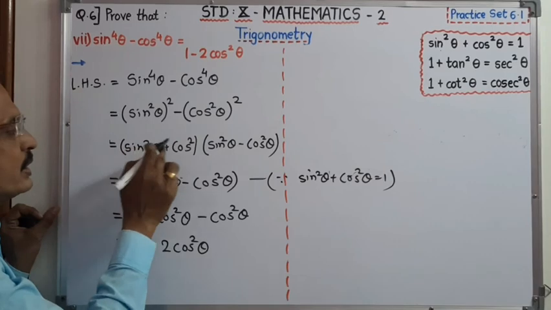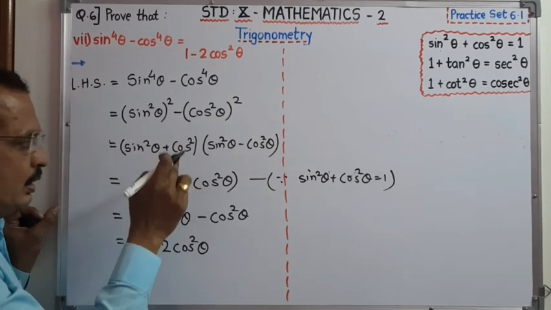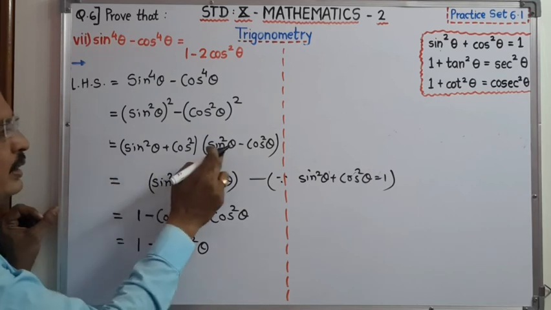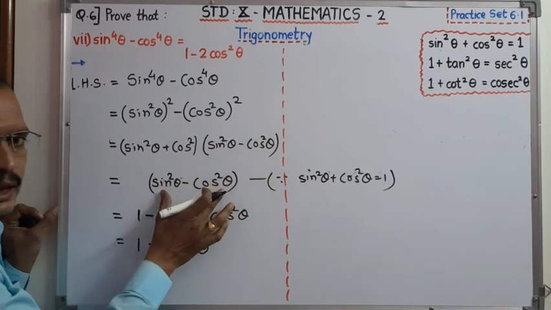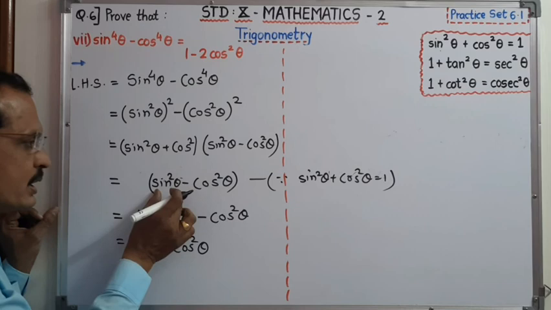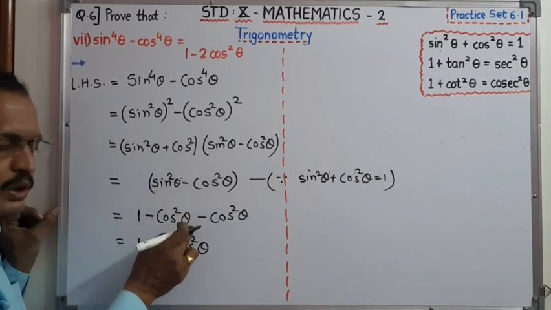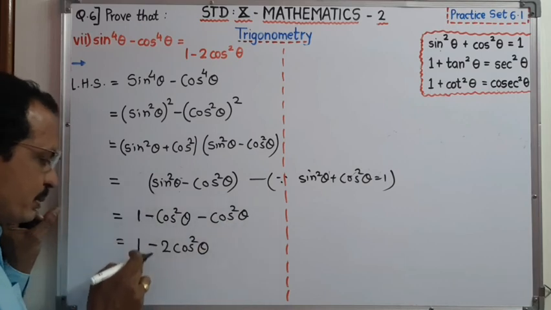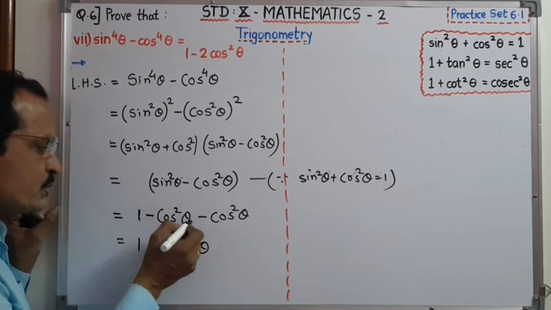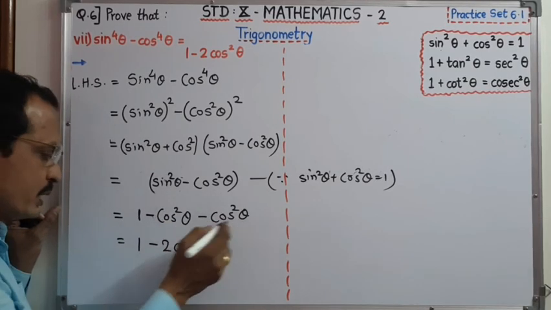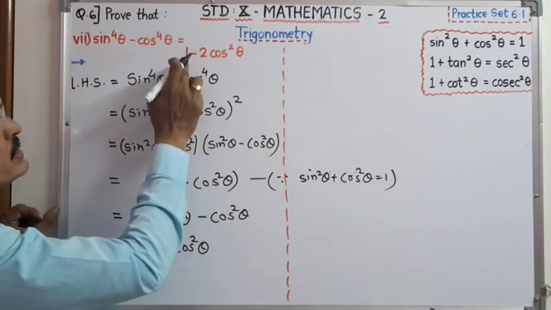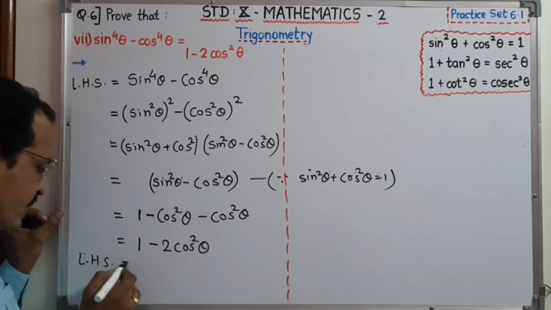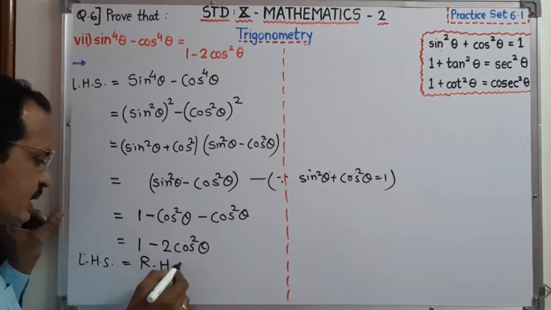Then sin square theta plus cos square theta, here we got 1, and this sin square theta minus cos square theta as it is. Now this sin square theta means 1 minus cos square theta, and 1 minus cos square theta minus cos square theta, 1 remains as it is. This is 1, cos square theta minus cos square theta means 2 cos square theta. See, 1 minus 2 cos square theta, therefore LHS is equal to RHS.